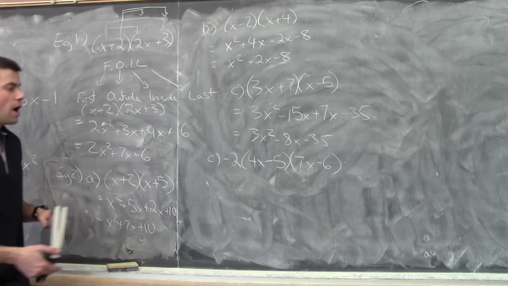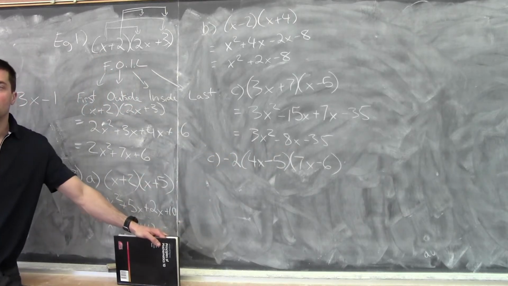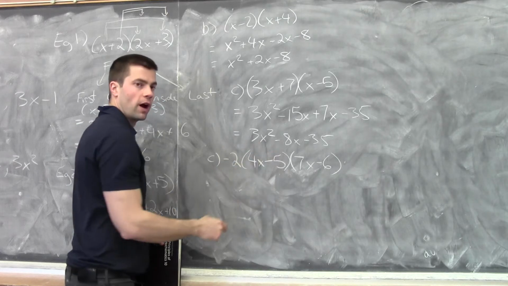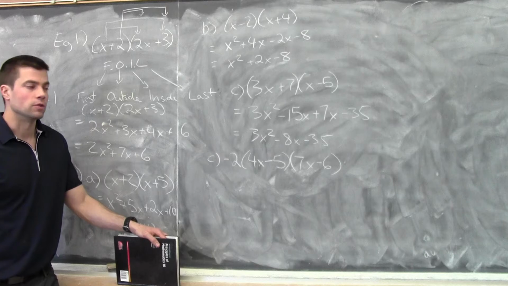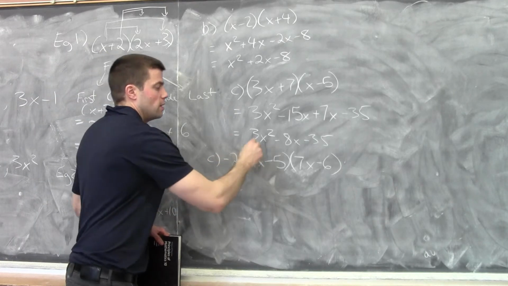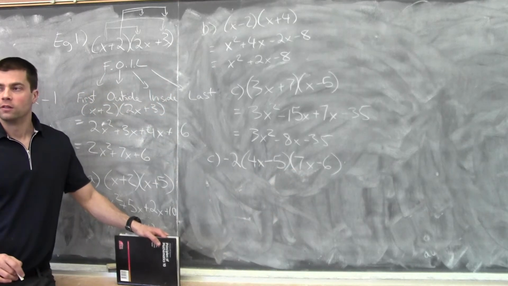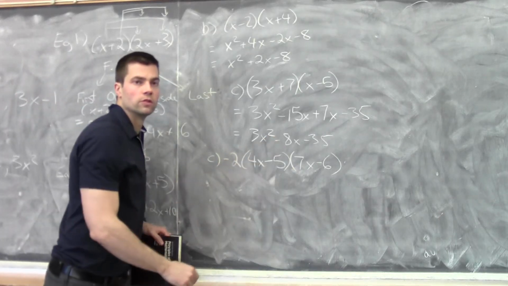When we have a number in front of two sets of brackets, one way is that you multiply the number into the first set of brackets and then FOIL. So this would then be negative 8x plus 10, all in brackets, times this. But I don't like that way. I don't want you guys to do that way, and the reason why is because I'd rather work with smaller numbers.